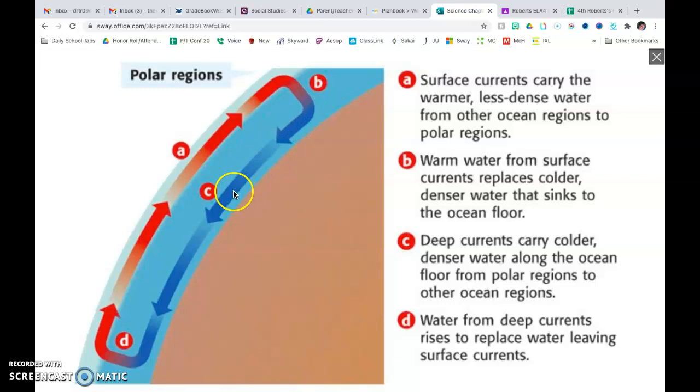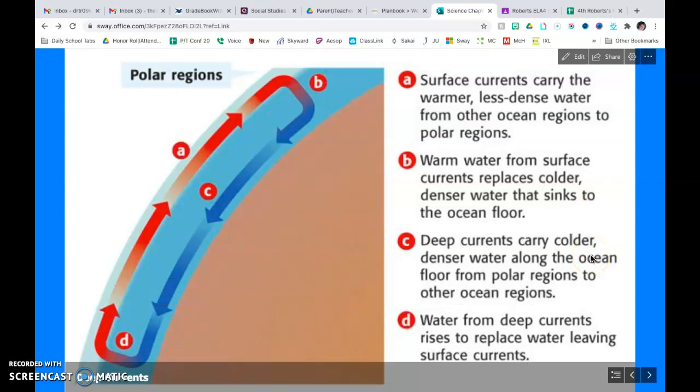And then you have deep currents that carry the colder, denser water along the ocean floor from polar regions to the other ocean regions. And again, water from deep currents is going to rise to replace water leaving surface currents. And this is just a constant cycle. It's kind of like the water cycle over and over and over again.